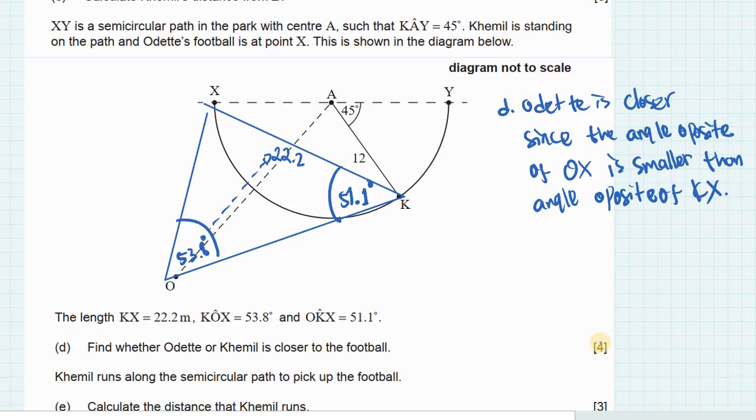Okay, how many points over there? Okay, 4 points. Okay, 1 mark. This one will be 1 mark for your answer, and then I bet it's another mark for this way, the reasoning. So if you do this, that's correct.